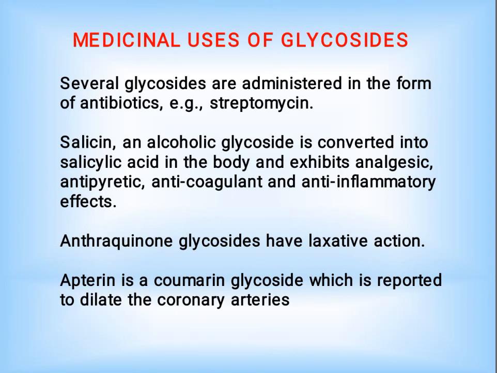Several glycosides are administered in the form of antibiotics, and the best example is streptomycin. Antibiotics are secondary metabolites and they inhibit the growth of another organism.